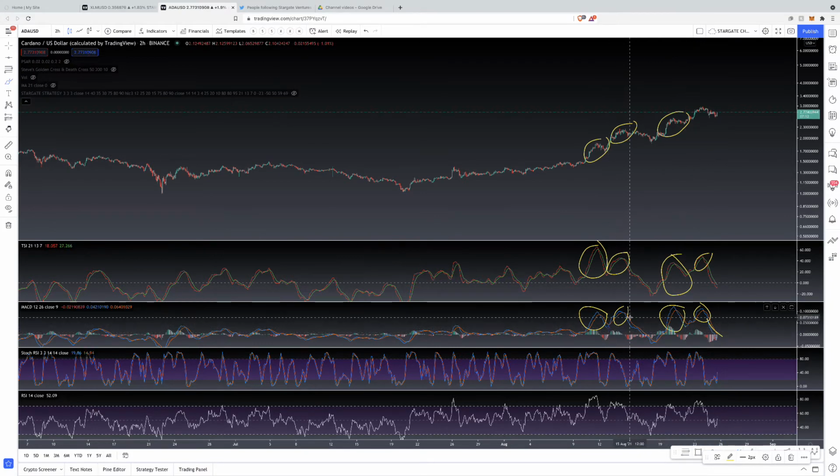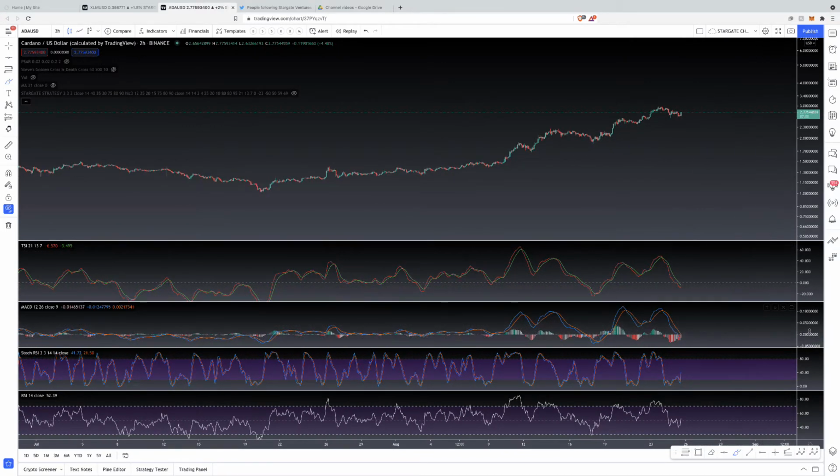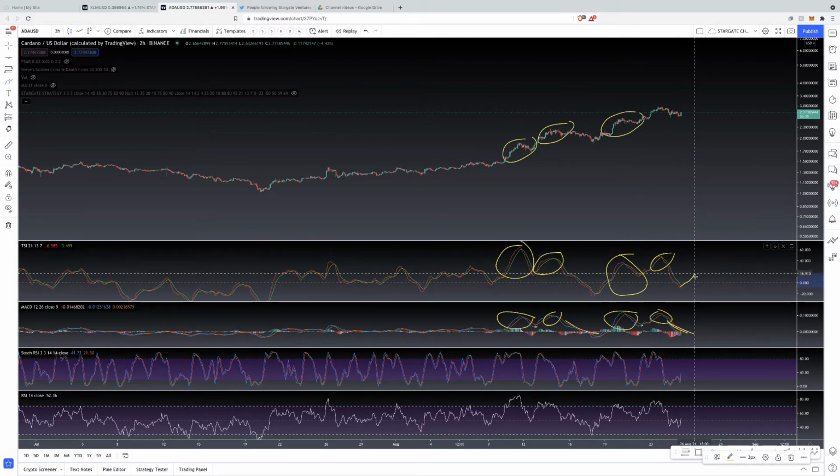And now we're just waiting for this to curl back up and then start to head higher, just like it did back here. And it's already looking like it's starting to recover.